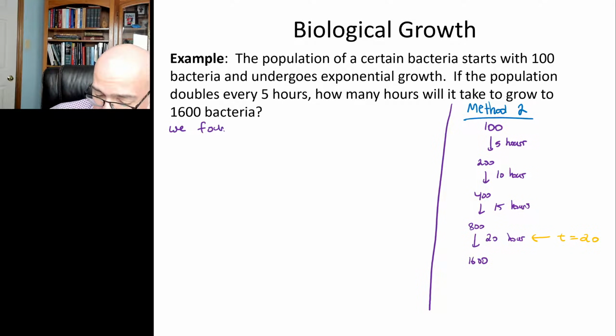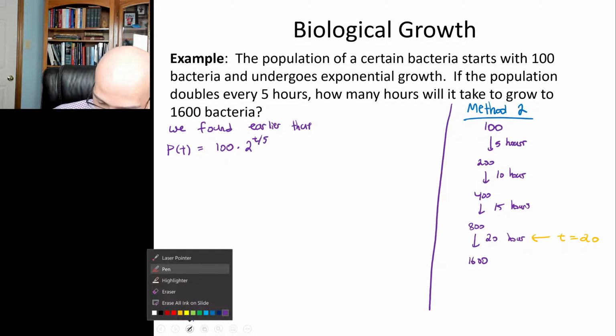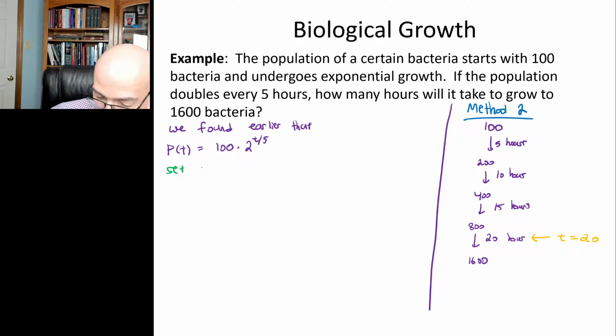So we found earlier that P of t is equal to 100 times 2 to the t over 5. Set P equal to 1600 and find t. So 1600 is equal to 100 times 2 to the t over 5.